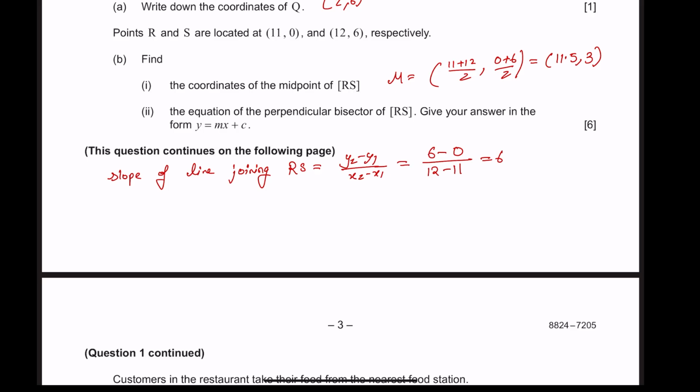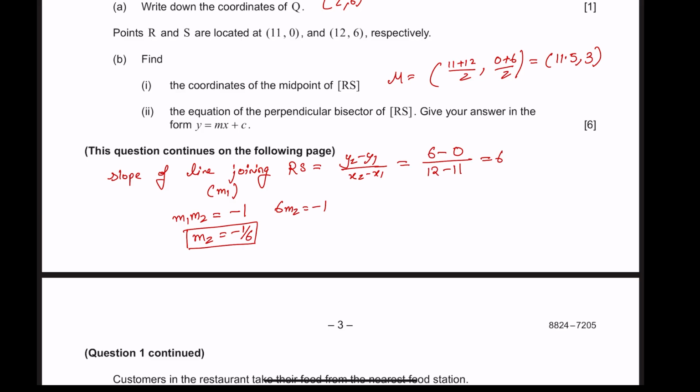Let's say this is m1, and m2 is the slope of the perpendicular bisector. As they are perpendicular, m1 m2 = -1, so m2 = -1/6, since m1 is 6.